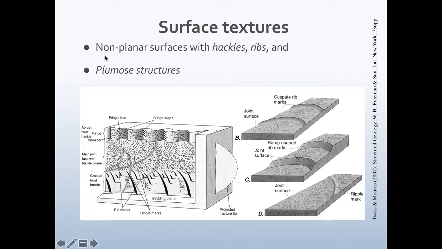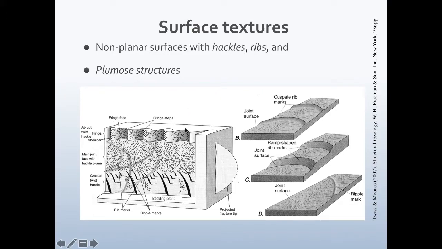So joints can be non-planar. There's little topography. What we've been looking at is the topography on the joint surface. We call them plumose structures when they have this feather-like aspect. And again, this one propagated from the left towards the right. There's a nomenclature for these, as you can see.